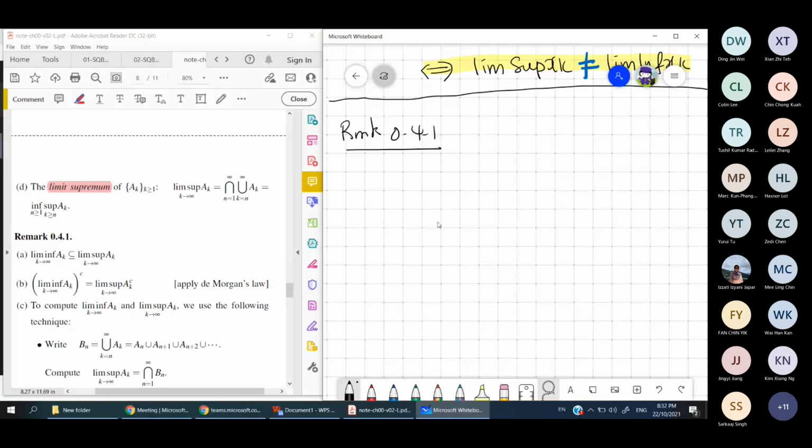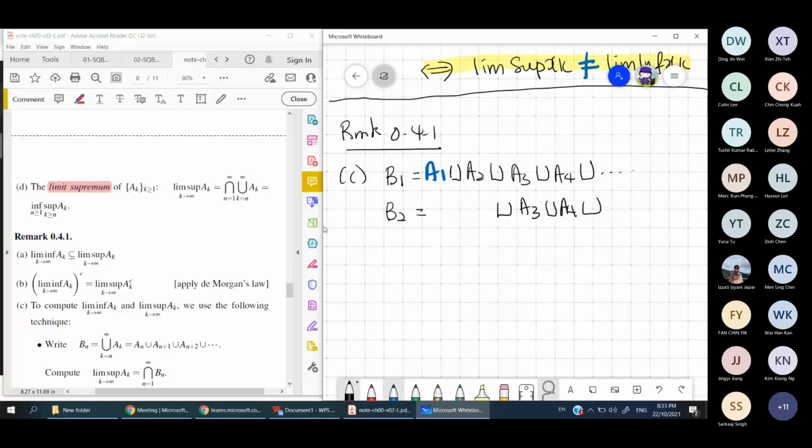To compute this, what we can do is define this. We let B1 be A1 union A2 union A3 union A4 and so on. B1 we begin with A1. For B2, we begin with A2 and so on.